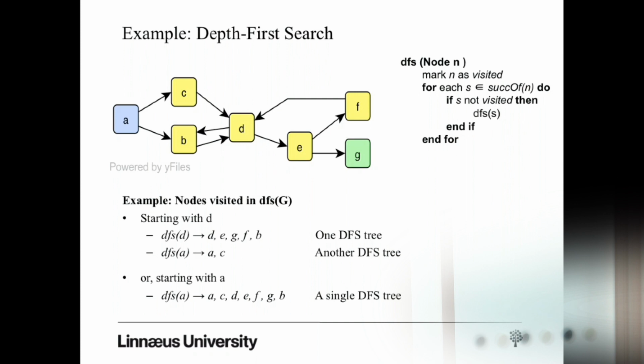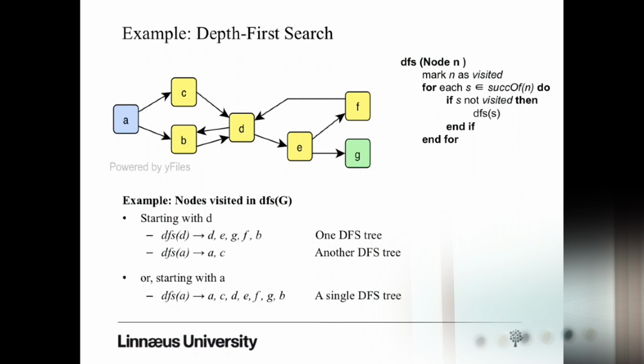It says for each successor s that belongs to the successors of n. So let's say we start from node A, visit A and mark it as visited, and then we go to C and call DFS on that node s, a successor of our starting node.